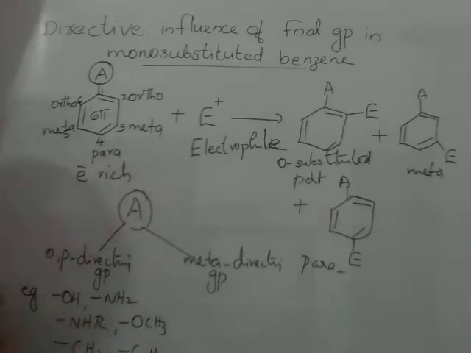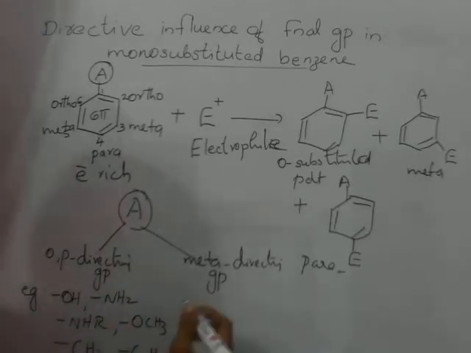If any of these groups is present in the benzene ring, the further substitution takes place in the ortho and para positions. We get a mixture of ortho disubstituted product and para substituted product. So these are examples of ortho-para directing groups.